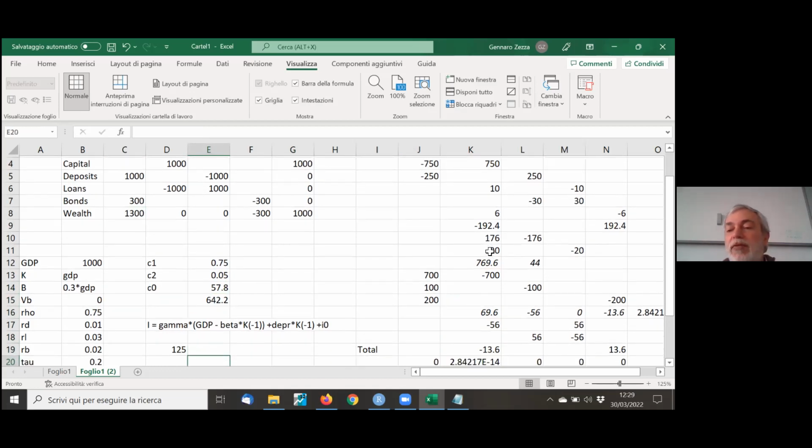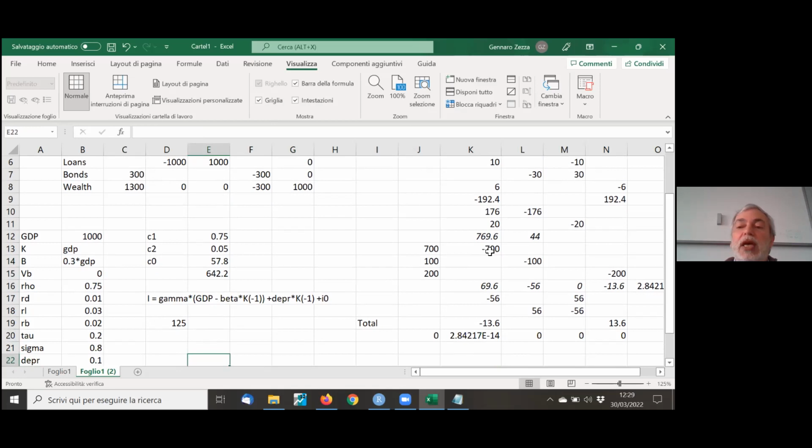And hopefully everything else is going to be the same because the other numbers have adjusted correspondingly. Okay, so this is how I get the starting values of the variables and the parameters.